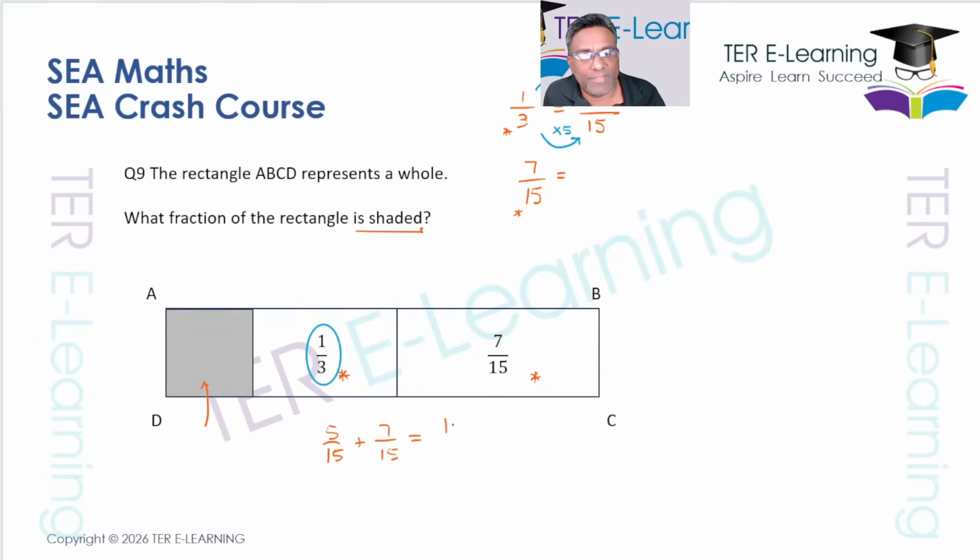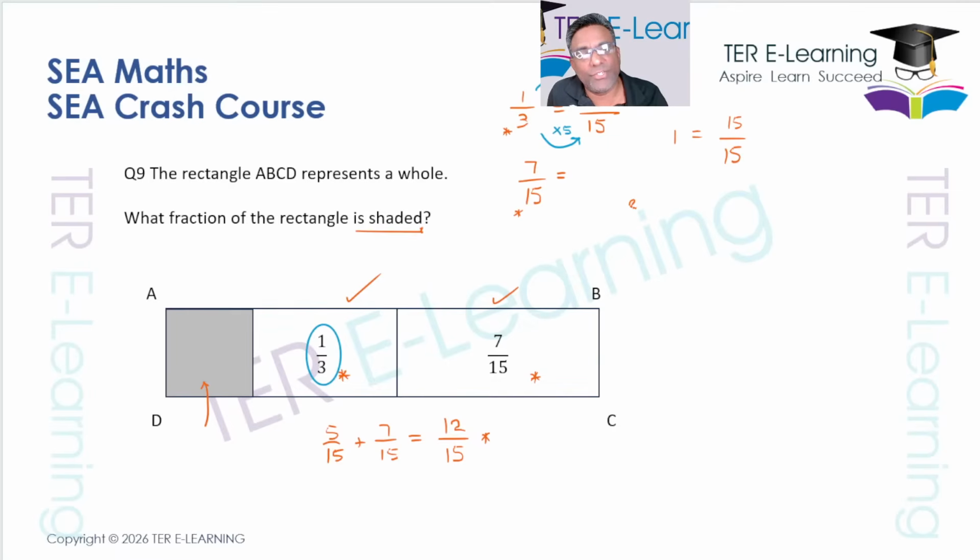So 7 plus 5 is 12, and then we have 15 here. So 5 over 15 plus 7 over 15 is going to give us 12 over 15. So this represents the sum of this area plus this area here. Now, 1 in terms of 15ths will be 15 over 15. The whole is 15 parts.